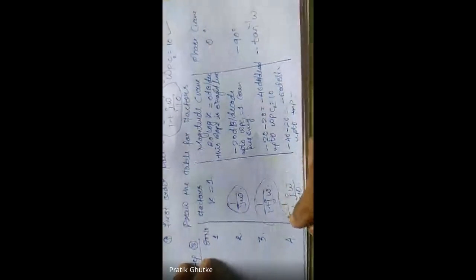So we will see in the actual Bode plot. For calculation of this, it will be minus tan inverse omega by 10, because the coefficient is 10. Why is minus coming in all these cases? Because it is related to poles.